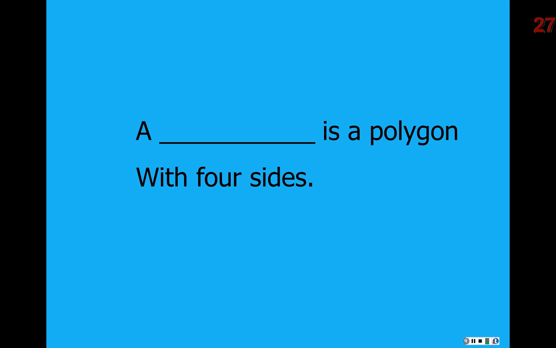A blank is a polygon with four sides. No, polygon. What's the name of polygons with four sides? I told you there's the rhombus, but what are they called with four sides? We know hexagon has 6 sides, octagon has 8 sides, pentagon has 5 sides. What's the one called with 4 sides?